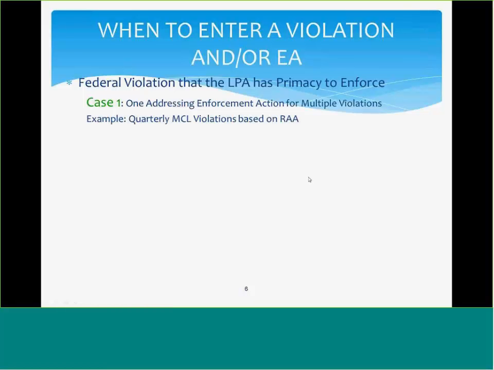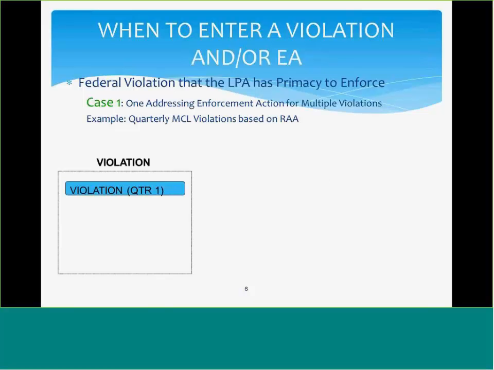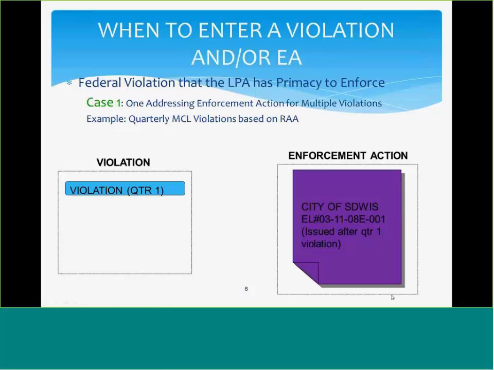So case one, when addressing enforcement action for multiple violations, an example of that would be quarterly MCL violations based on the running annual average. So you have a water system and it has a violation for the first quarter. You would enter one enforcement action, and you would associate that enforcement action back to the violation.